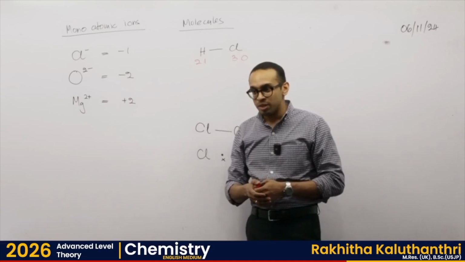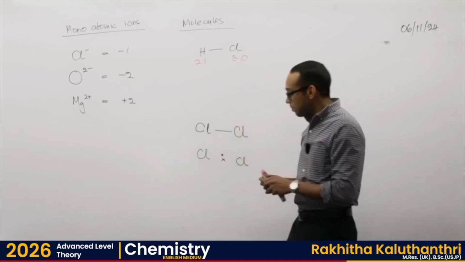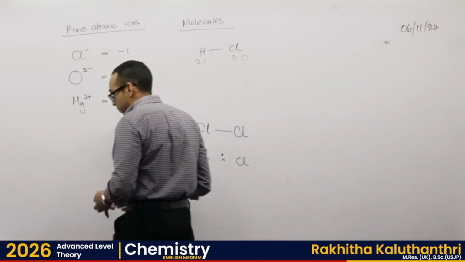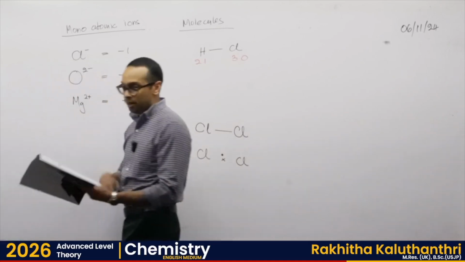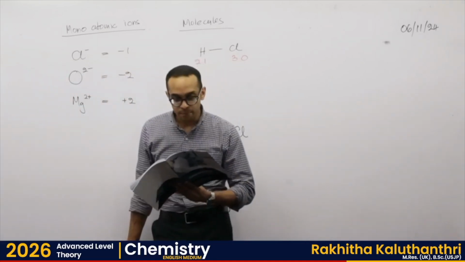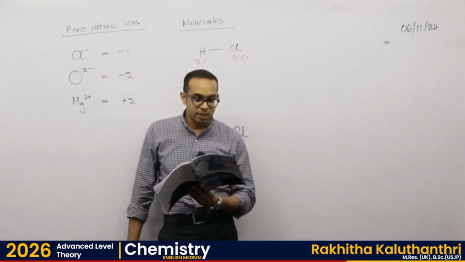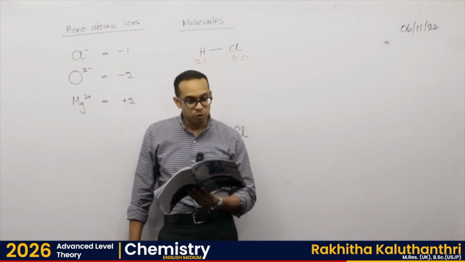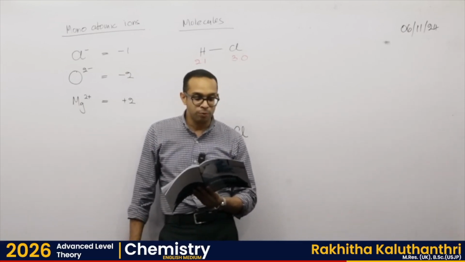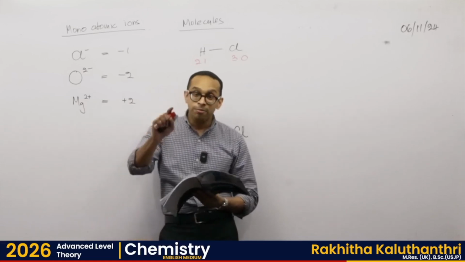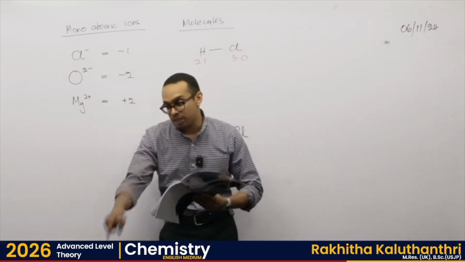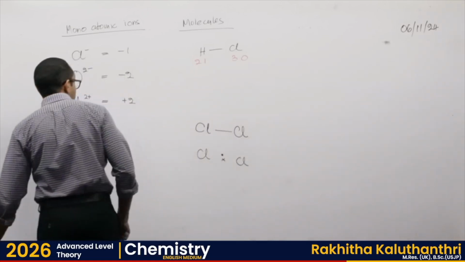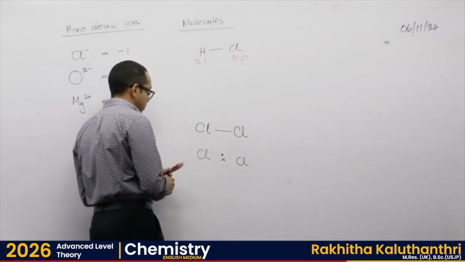Is that understood? Because of that, in the paragraph that we read, it says it's a hypothetical charge a molecule or atoms in a molecule would have if electrons were transferred completely during the formation of that species. Meaning, students, there is a partial transfer now.